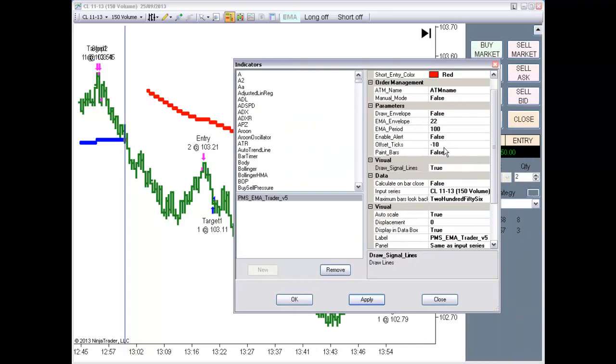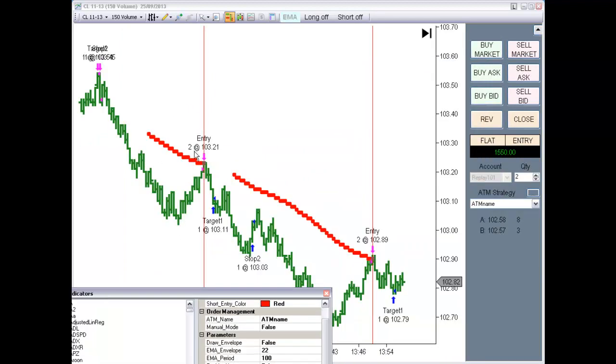On this example we were using 5. So now you can see the vertical lines are over the fills.